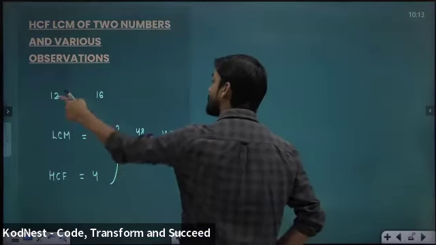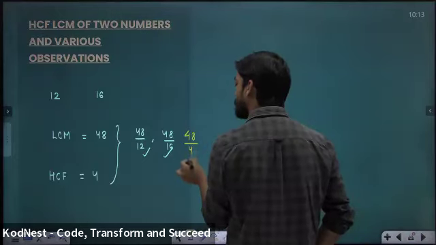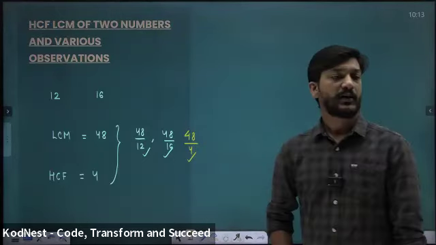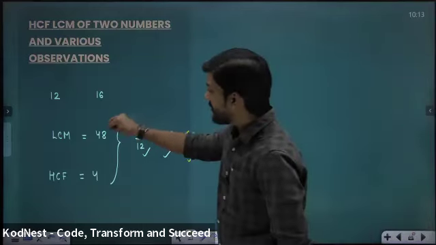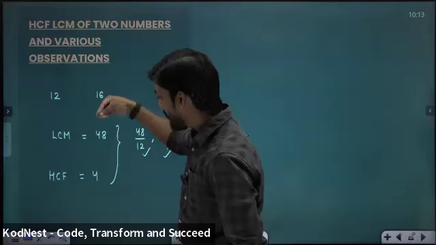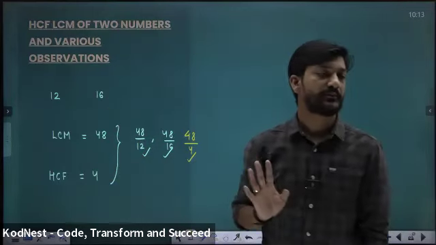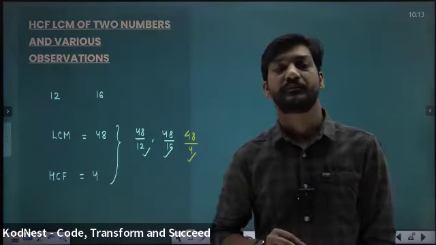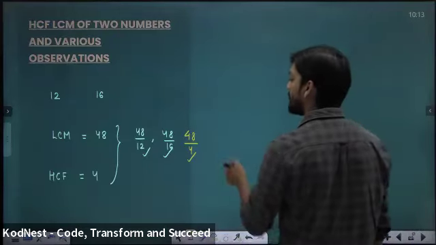I mean, LCM is divisible by these two, but LCM is divisible by HCF also. Are you observing? So what I'm trying to say is, LCM is a multiple of the numbers that we know, but LCM is a multiple of HCF also, always.